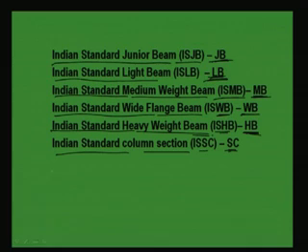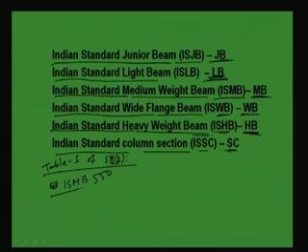Now, in Table 1 of SP 6-1 you will see what things are given. First is given the weight. Suppose I say ISMB 550. Then in Table 1, corresponding to ISMB 550, you will get several parameter details.